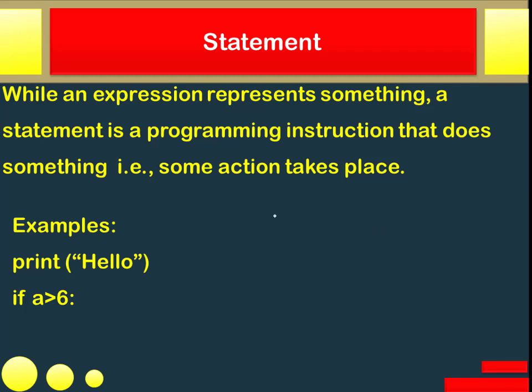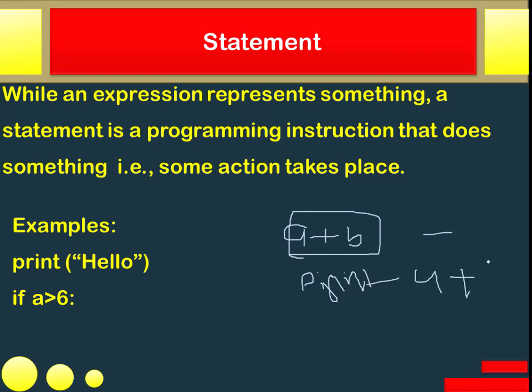Suppose I write a plus b. It is not going to produce any value. This is an expression; it's only expressing it, and nothing is going to happen in the program. But if I write print a plus b, what is going to happen?